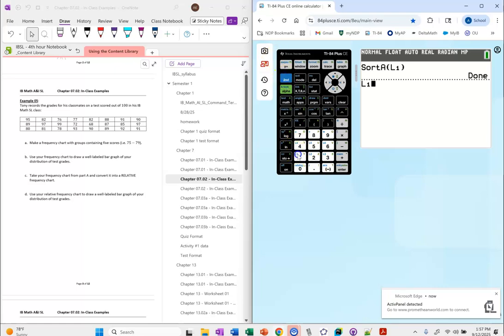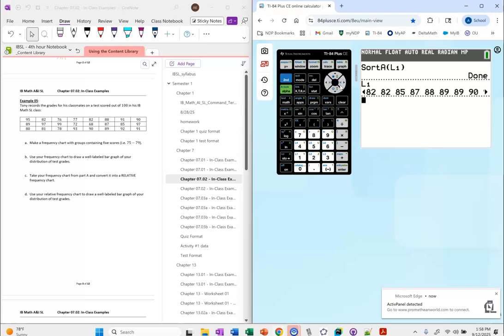So if I go back and I pick L1 and press enter, it lists that same data set now ordered from smallest to biggest. So if I have to build a frequency graph, now I can see easily everything between like 65 and 68. I don't have to search through the table, right? It's all just in a row for me, so I can just scroll across with the left and right arrows and just count as I go, right?